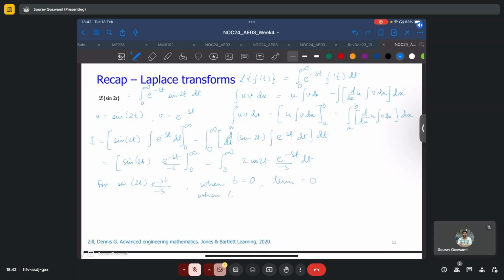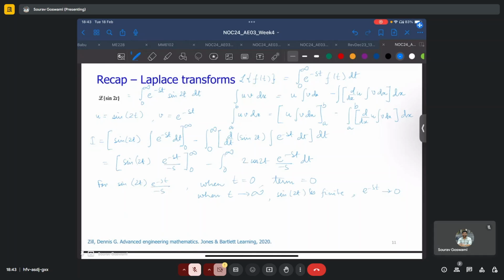And when t tends to infinity, sin 2t is still finite, whereas this second term, e power minus st, goes to 0 because t is very large. e power st becomes very large, but 1 by e power st, that is e power minus st, becomes very small. If t tends to infinity, e power minus st tends to 0.